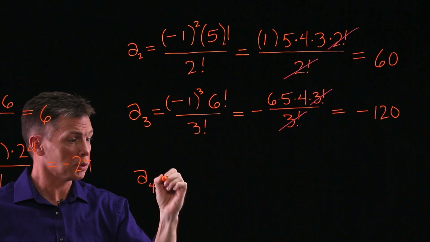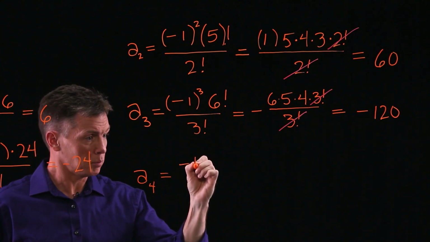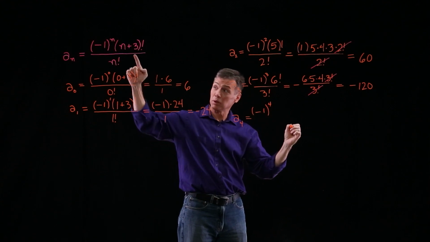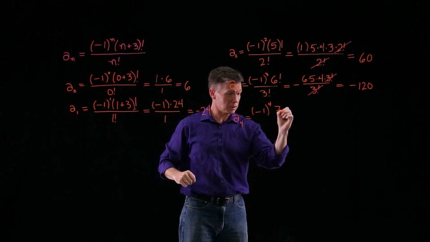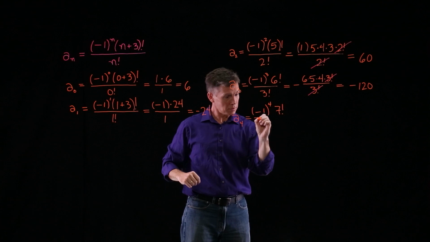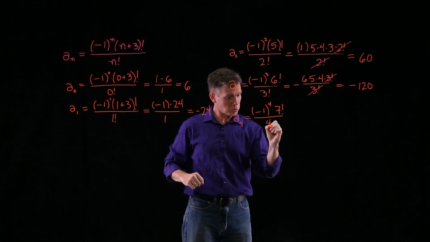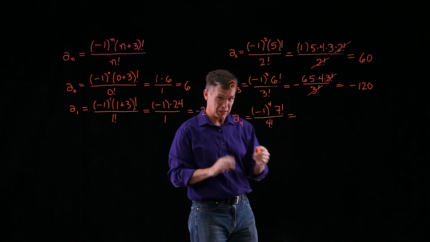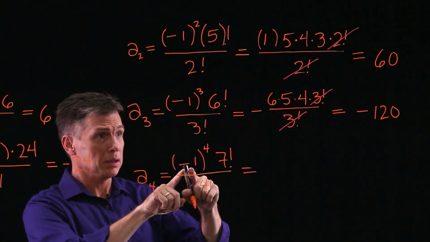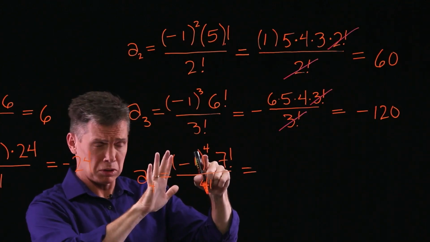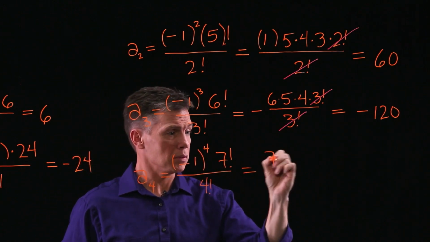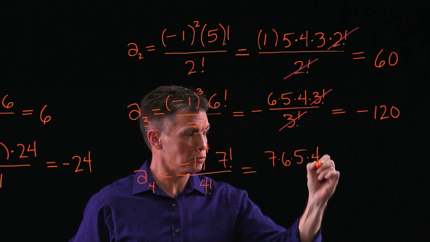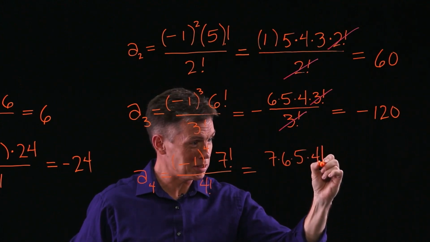Okay, one more. A sub 4 equals minus 1 to the 4th. 4 plus 3 is 7 factorial, divided by 4 factorial. And my next step, do that same factorial simplification. Negative 1 to an even power, though, that's going to be a positive 1. 7 times 6 times 5 times 4, 3, 2, 1.